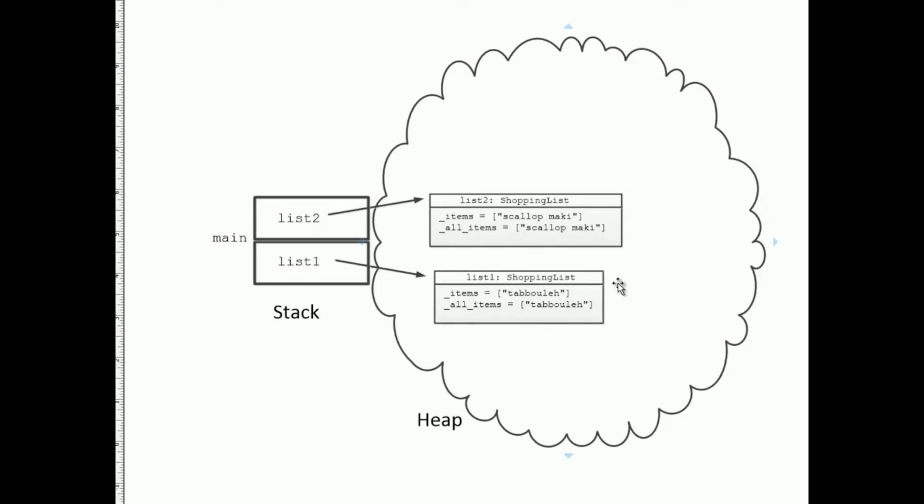Now, what is meant by persistence is that this object exists on the heap. We know that the references list1 and list2 exist while main is executing, and they do not exist when main is finished executing. What about the objects in the heap?